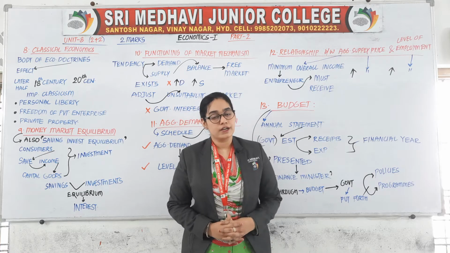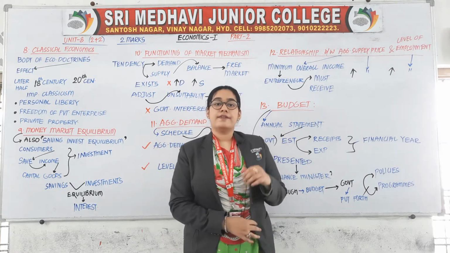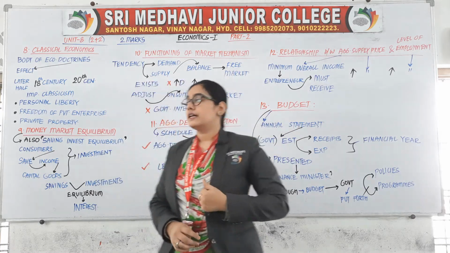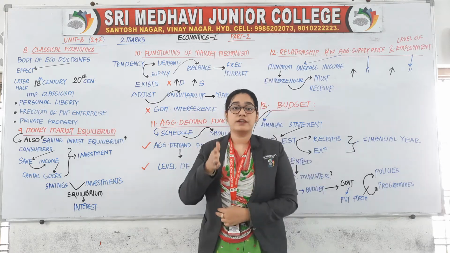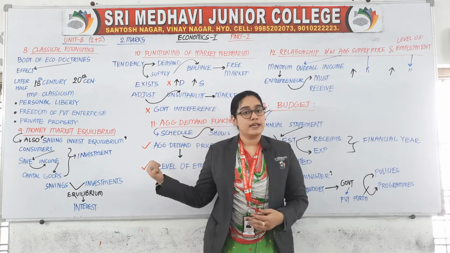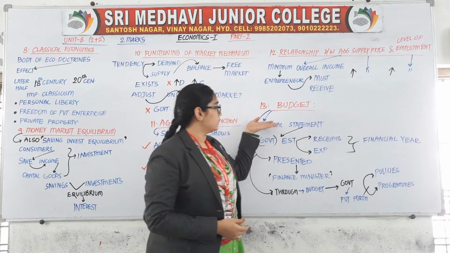Today we are going to start unit number 8, very short concepts, and this will be part 2 of unit number 8. In unit number 8, part 1 we discussed nearly 1 to 7 very short concepts, and now we are going to discuss 8 to 13.